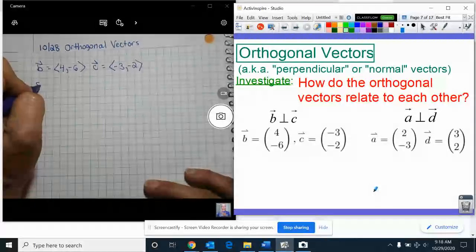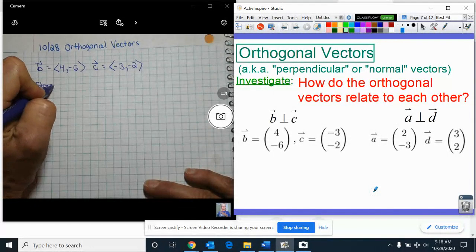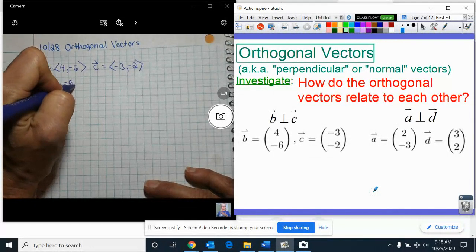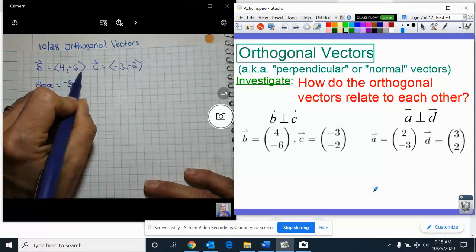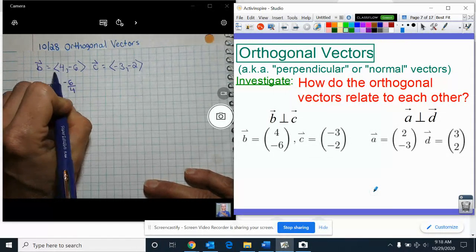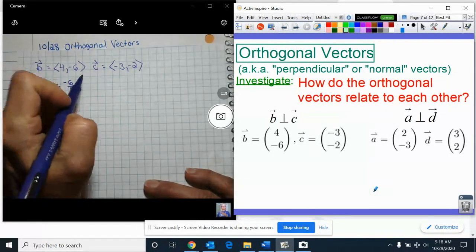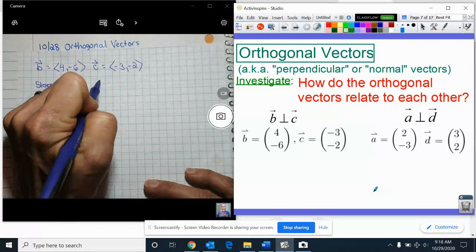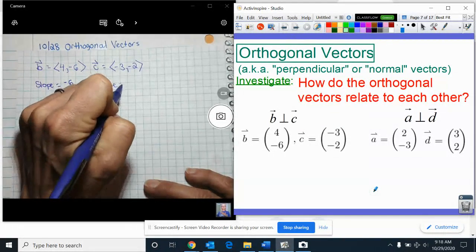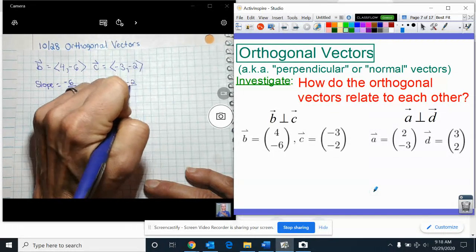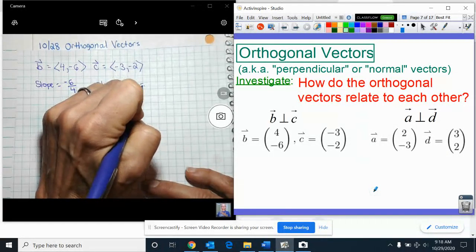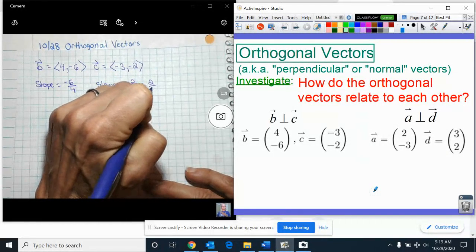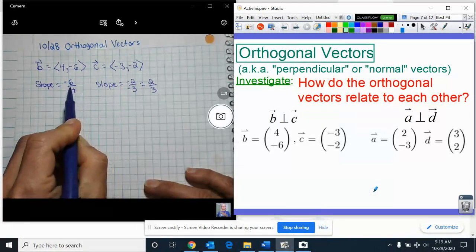This would have a slope of -6/4 using those dimensions. And vector C would have a slope of -2/3, which we know is the same as a +2/3.